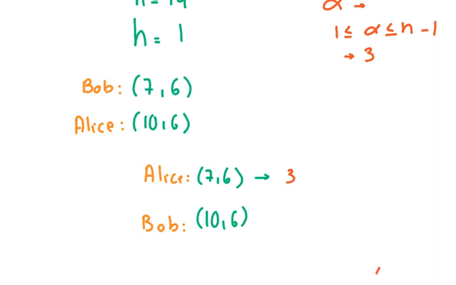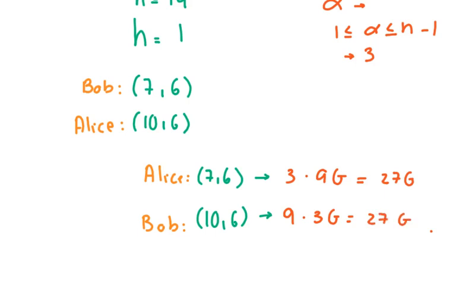He uses his secret value of beta, which is 9, and multiplies that by 10, 6. So this is the secret value alpha, 3, times the point 7, 6, which is equivalent to 9g, and Bob's secret value beta of 9 times 10, 6, which is the value 3g, and this is equal to 27g.